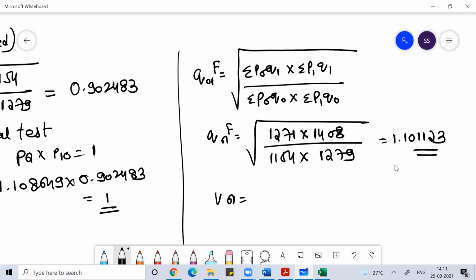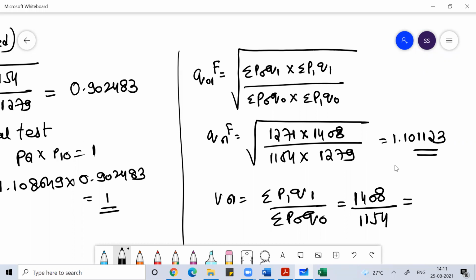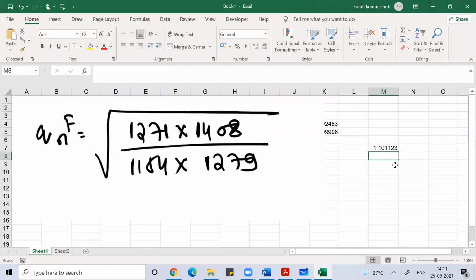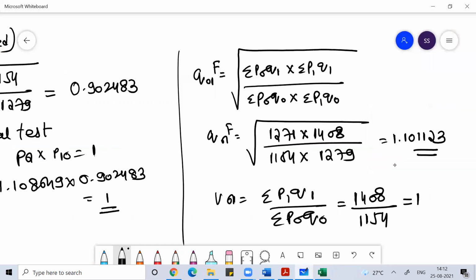What is V01? V01 is sum of P1Q1 divided by sum of P0Q0. Sum of P1Q1 is 1408 and sum of P0Q0 is 1154. So 1408 divided by 1154 is 1.220104. This is V01.